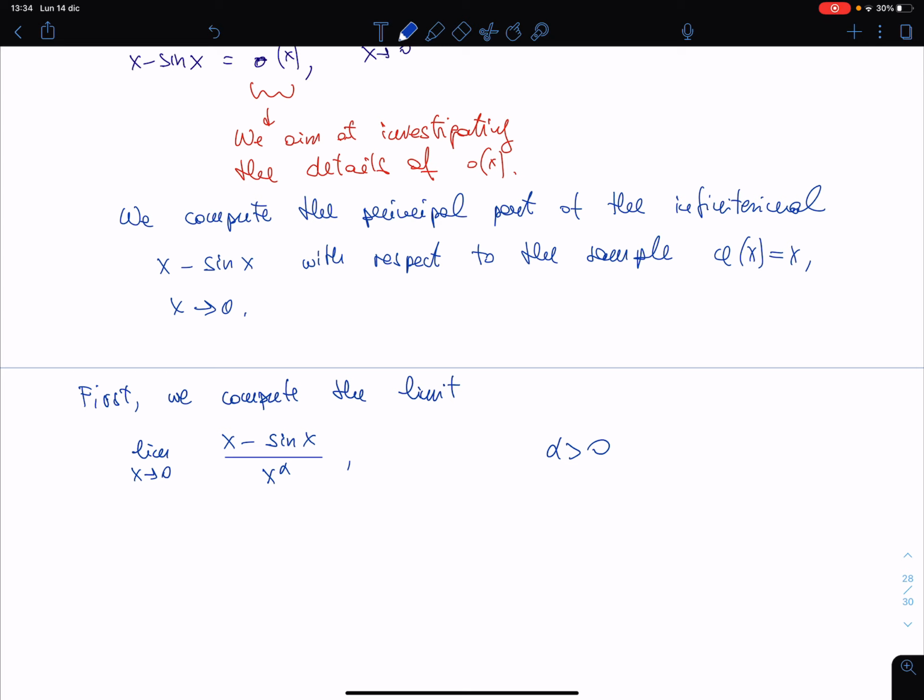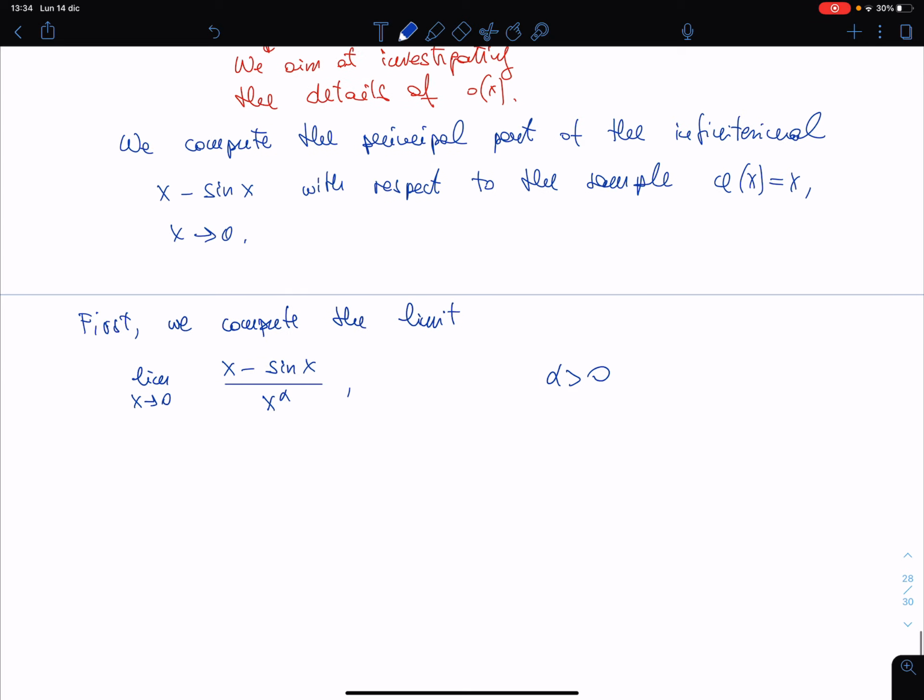But now we have L'Hopital, and L'Hopital applies very well here because it is an indeterminacy of the type 0 over 0.